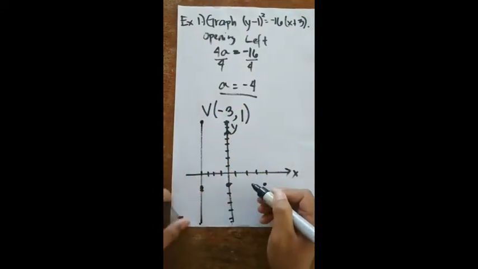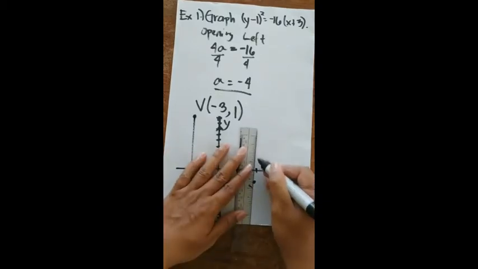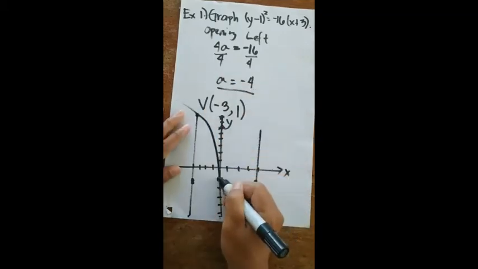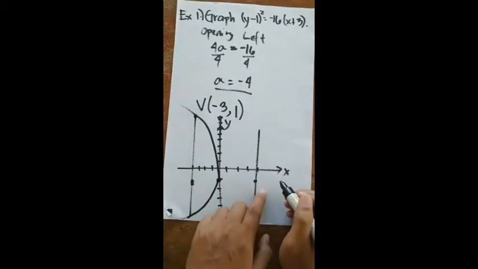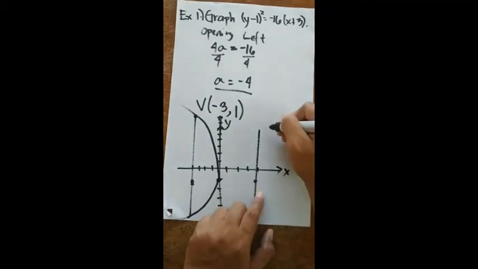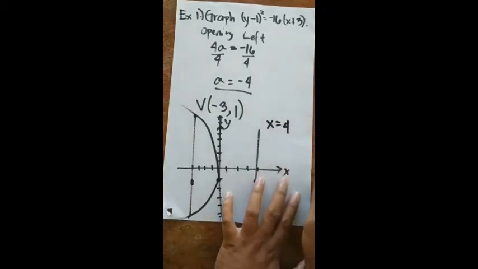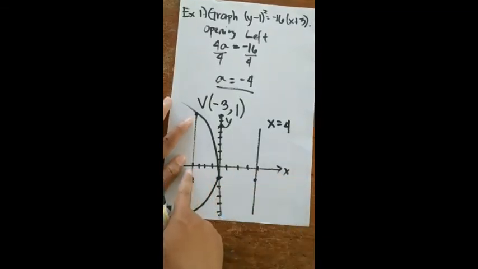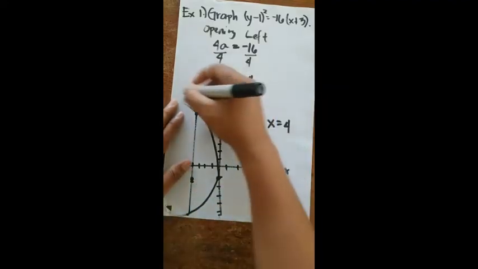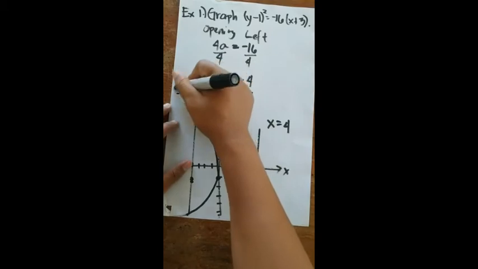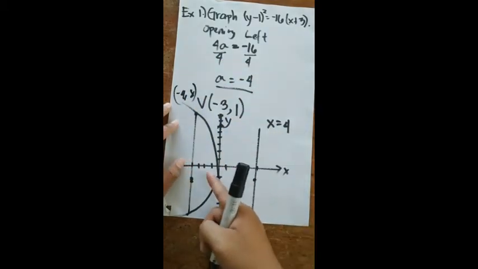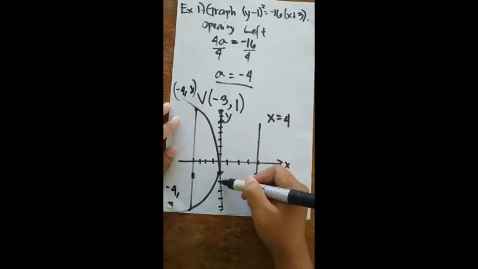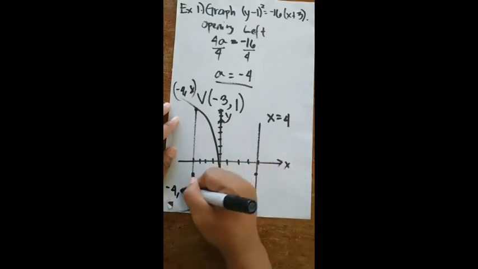Also, don't forget our directrix, and that will determine our opening. We label our directrix: x = 4, because 4 units. Our endpoints of the latus rectum are (−4, 8) and the other one is still −4 but it will be −9.